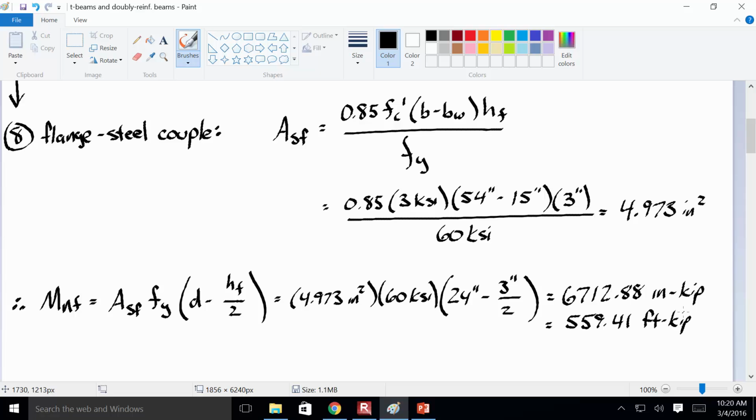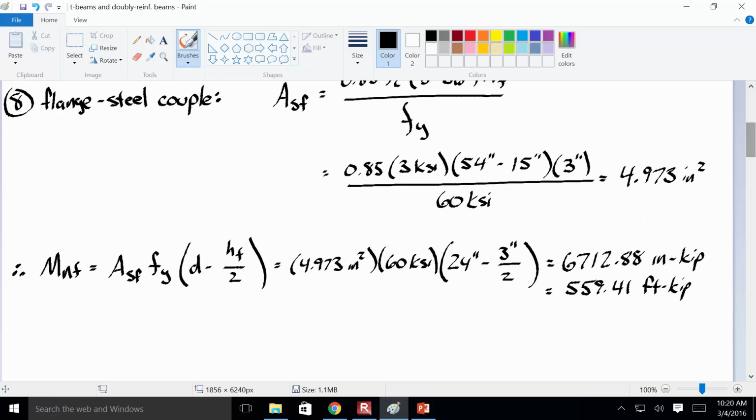Foot kips. All right. Does everybody understand so far? Everybody good? Okay, so what I have done is computed, based on my beam geometry, this is about how much moment capacity I can get out of that flange steel couple.